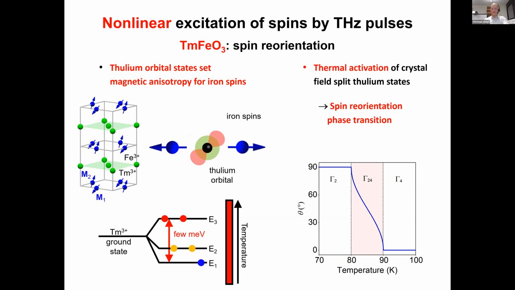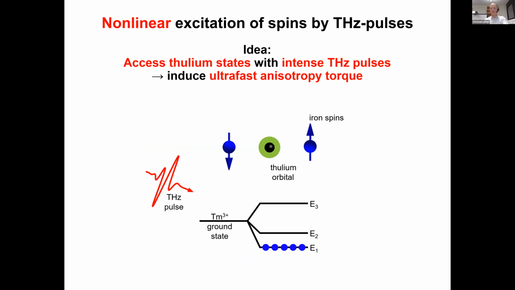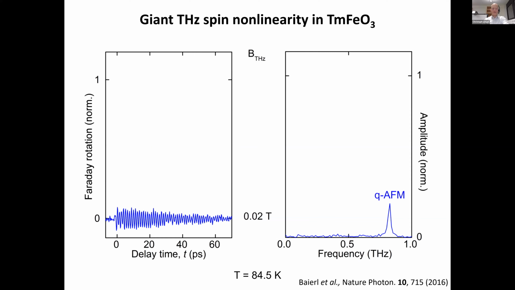Temperature, of course, is slow, so we don't want to exploit temperature, but rather we want to now address these ground state split transitions directly using terahertz radiation. So the idea is to excite these states very rapidly, on a very short time scale, much faster than the spin dynamics, and then to induce very strong spin oscillations by shifting the spin potential on a very short time scale.